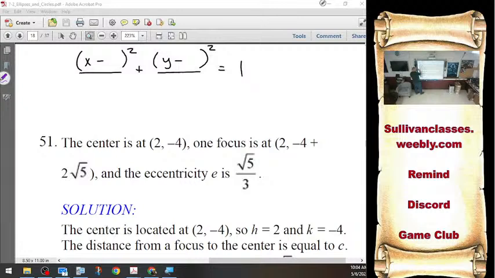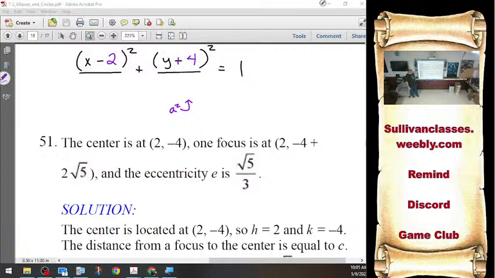Okay, they gave me my center, so 2, -4. The y's are changing to go from center to focus, so I know that it is stretched vertically along the y-axis. So I'm just going to make a little note here that a squared will go here.